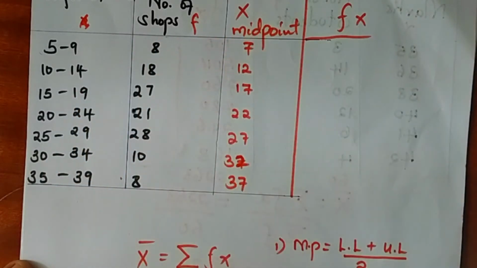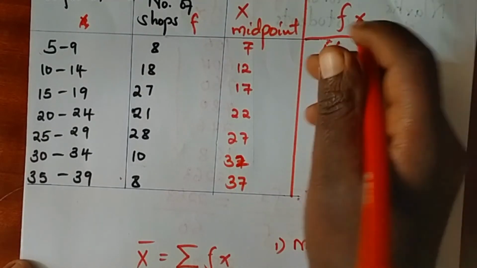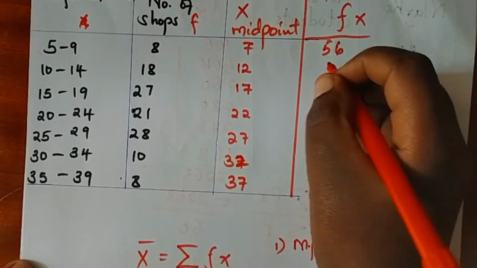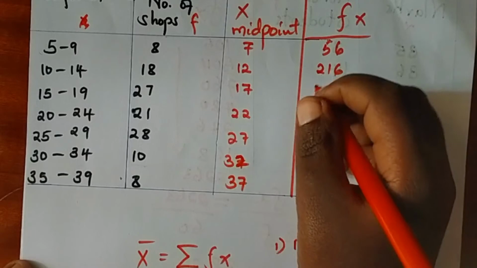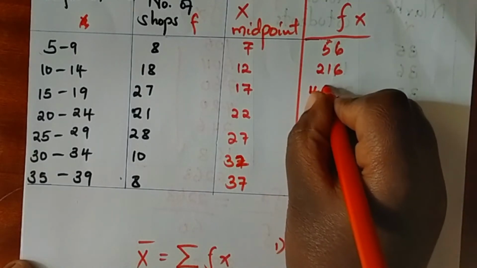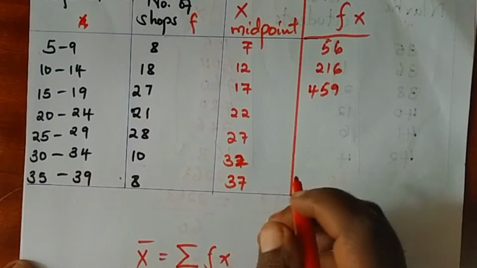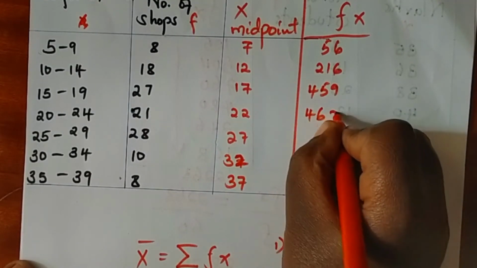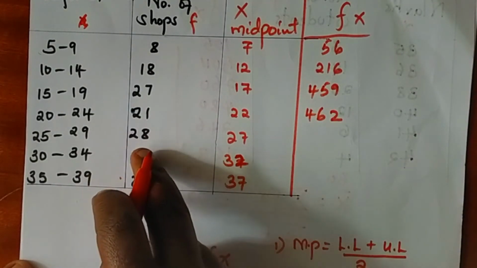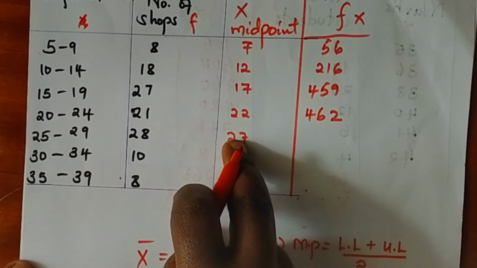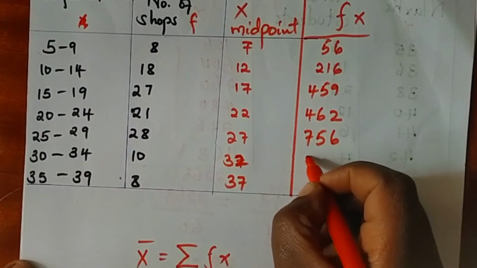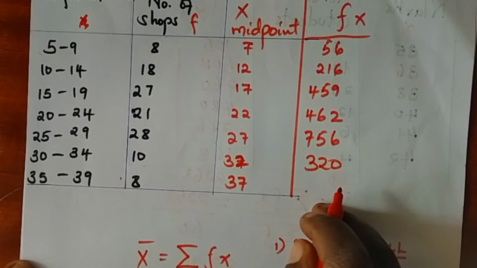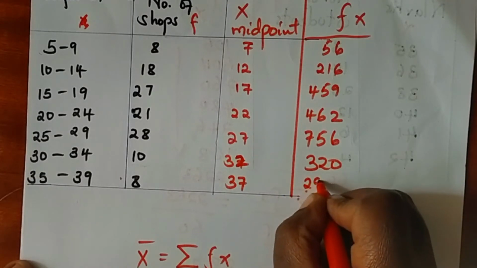For the first class, 8 times 7 is 56, 18 multiplied by 12 gives 216, 27 by 17 gives 459, 22 by 21 gives 462, then you have 28 by 27, 756, this is 320, and on the last class we have 296.